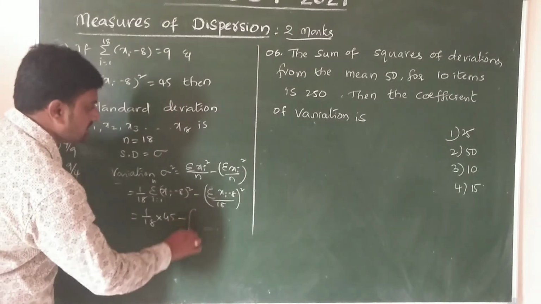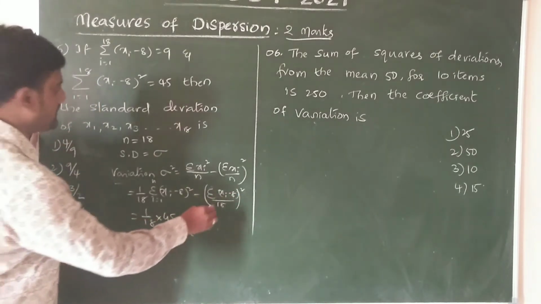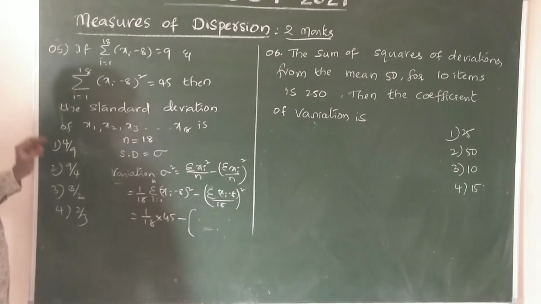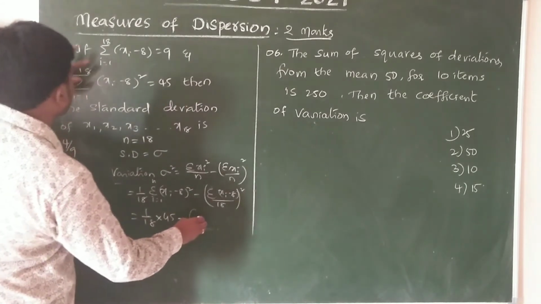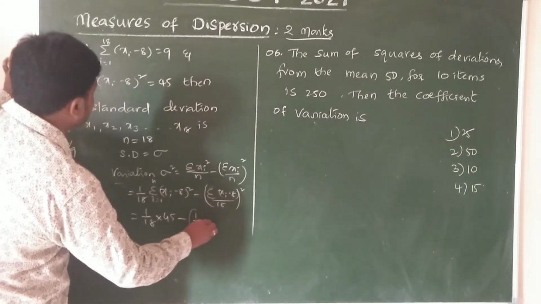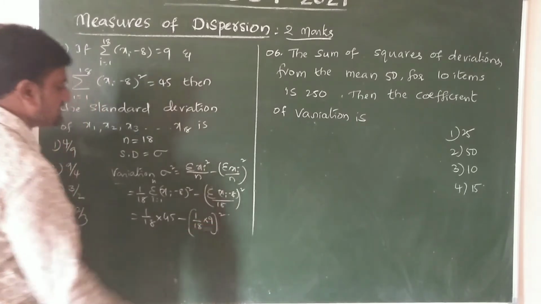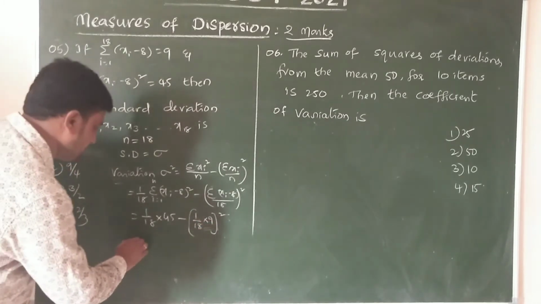Clearly minus, now it is nothing but 1 by 18 into 9 whole square, yes or no? Okay, let's simplify.